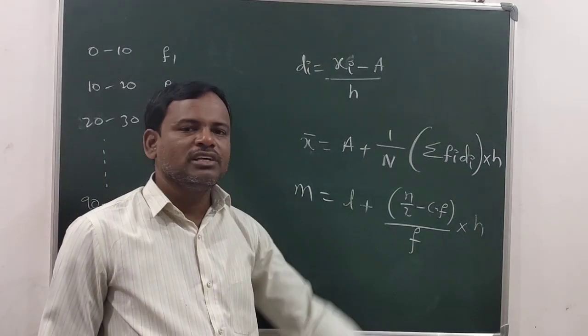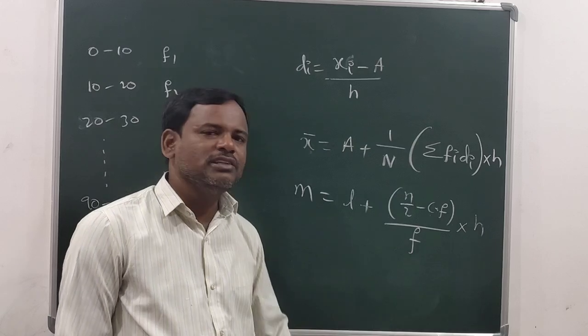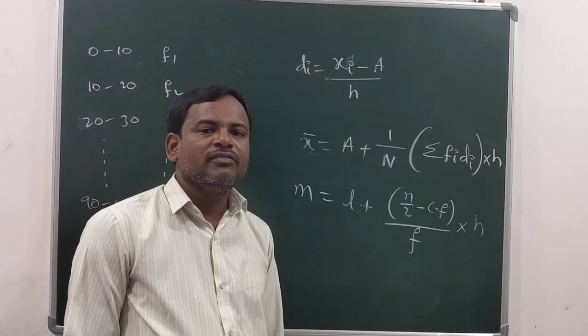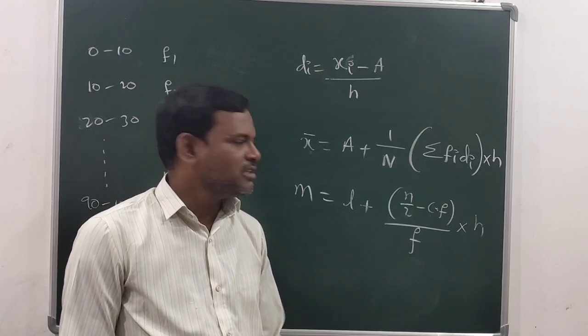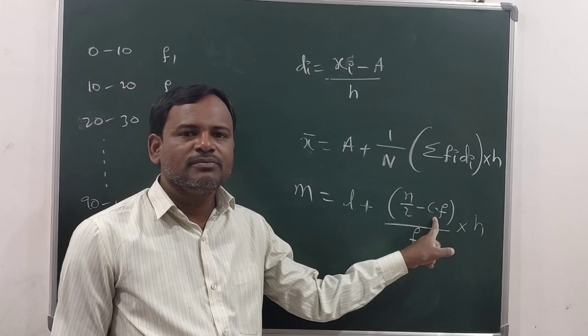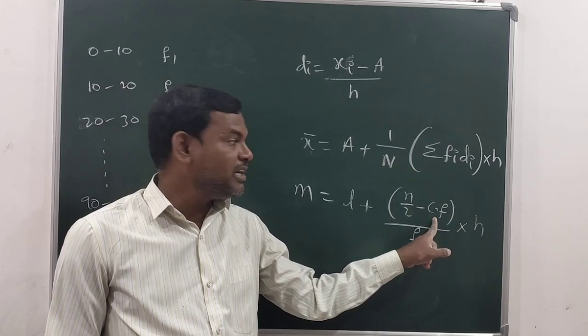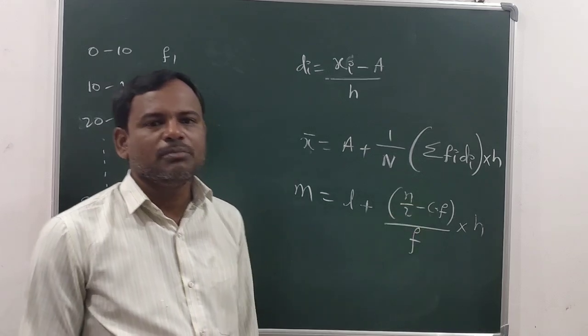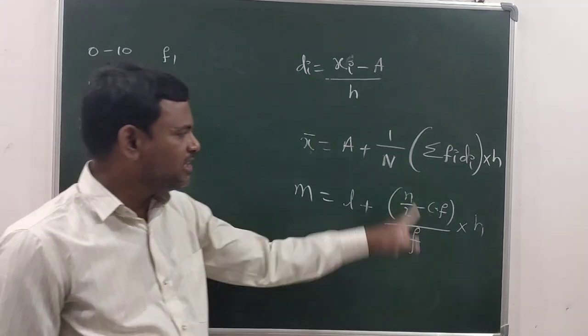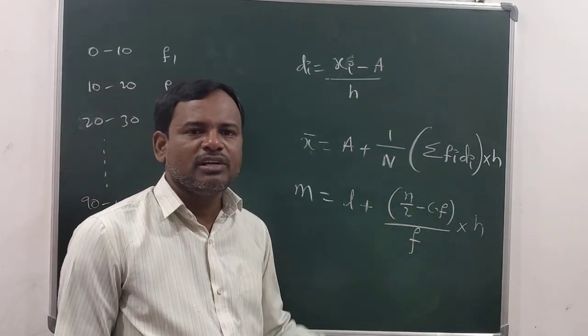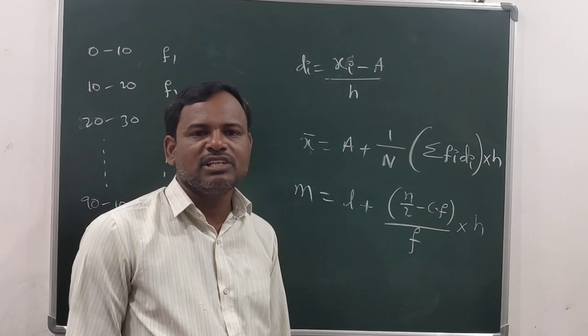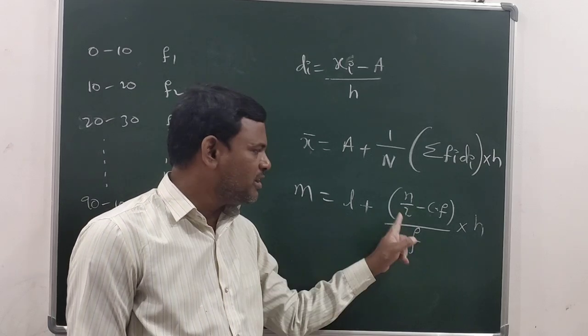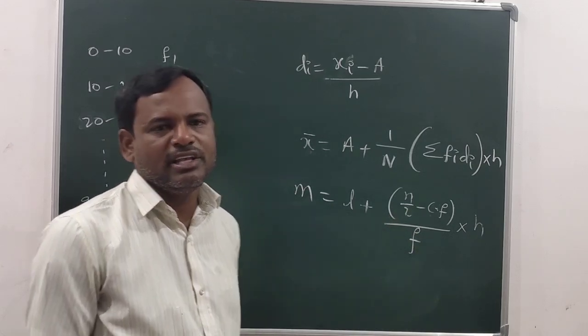H represents size of the median class. F means frequency of median class. CF means preceding cumulative frequency of median class. N means sum of all the frequencies. Get all these values from that given continuous frequency distribution table and furnish here and simplify, you will get M.